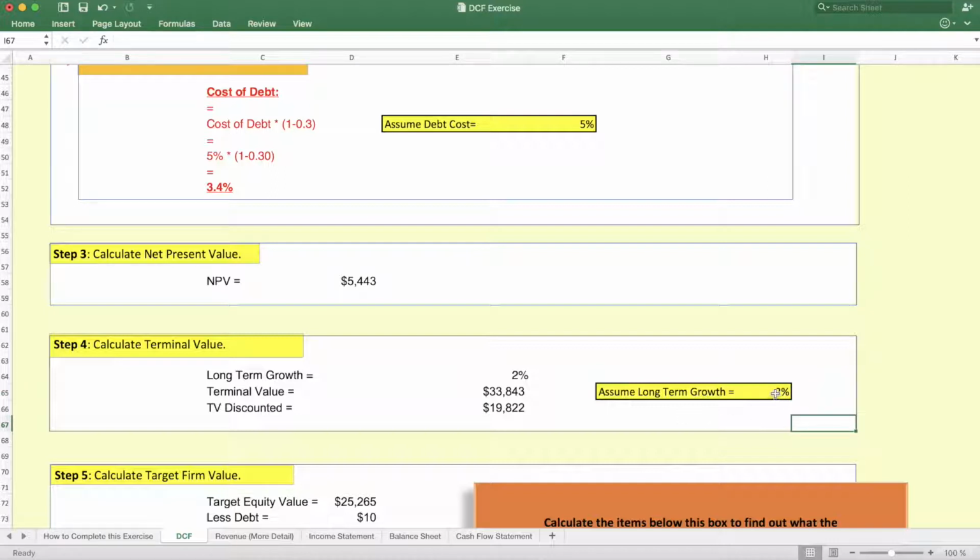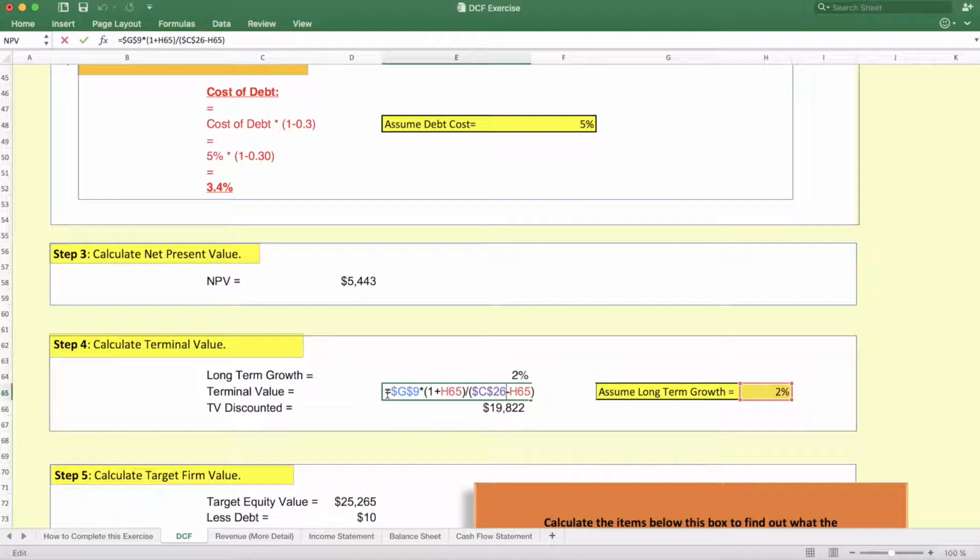But anyway, our long-term growth rate is 2%. I've seen numbers that are 2.5%, 3%, whatever, and as low as 1%. If you're bearish on the company longer term, meaning you're looking to short it, just assume 1%. We'll play around with these numbers in a second. So our long-term growth rate is that, and our terminal value is this calculation. You ready? All right. What you do is this.